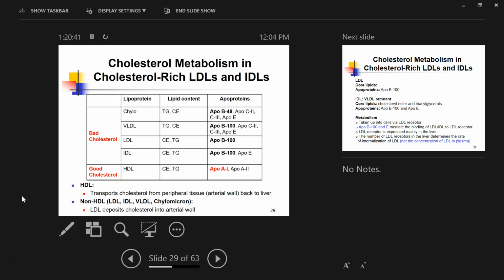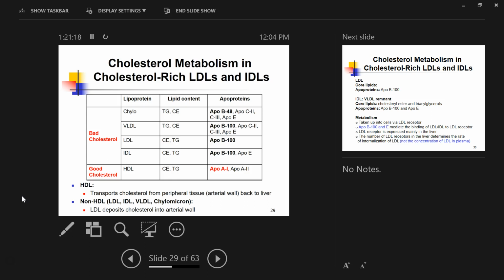So basically, sometimes people can just categorize the lipoprotein into two simple categories, like good cholesterol or bad cholesterol, right? So, for example, HDL is considered the good cholesterol, and LDL and the other remnants are considered bad cholesterol. Because of these two categories of lipoprotein, they have different functions.